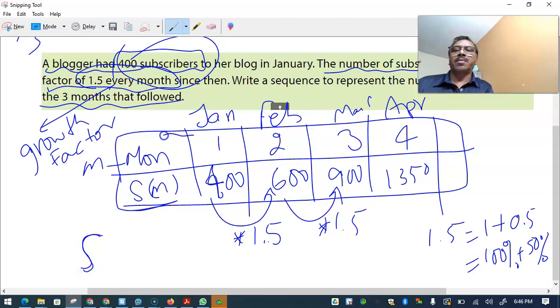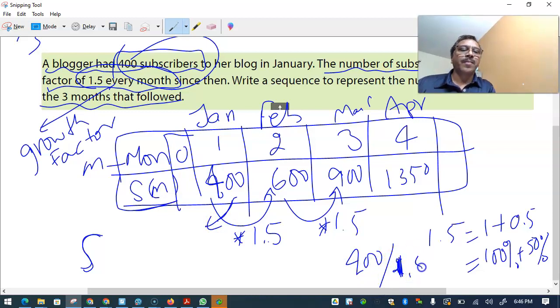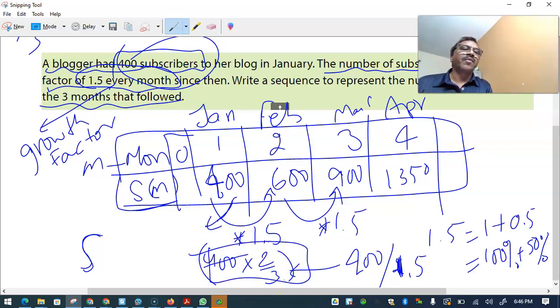Of course, we can also work backward: in the beginning, you divide by 1.5, which means 400 times 2/3 like this. 3 doesn't divide 400, but we can always check. We will see this very soon when we model the function. Okay, so let's go.